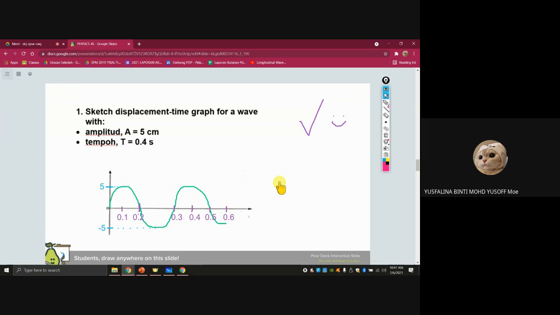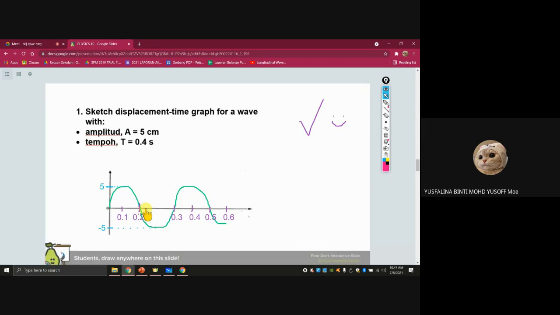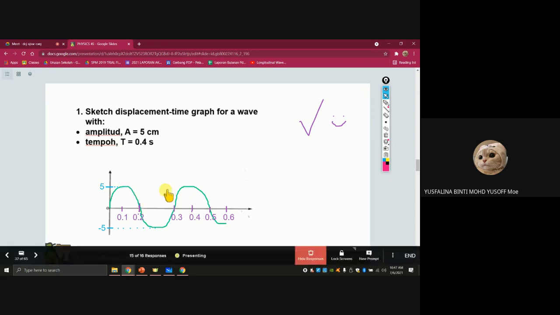For this one, if you set the period as 0.4, it means from crest to crest is 0.4. But if I calculate from here, 0.1 here is a crest and this is the crest, so crest to crest is supposed to be 0.4, but this one is 0.3, correct?